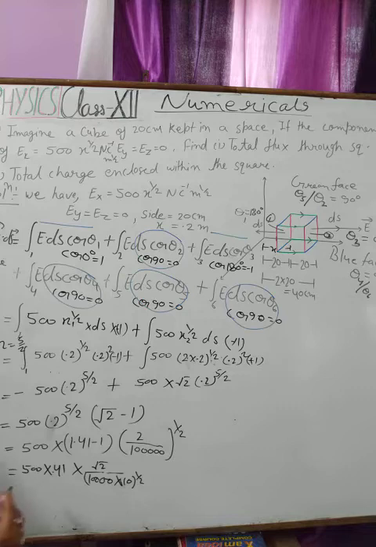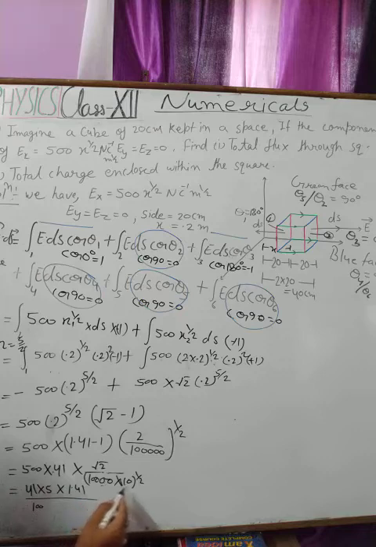Okay student, now this becomes 41 into 5 into 1.41 upon 100, because the square root of 10,000 is 100, and this will become root 10.